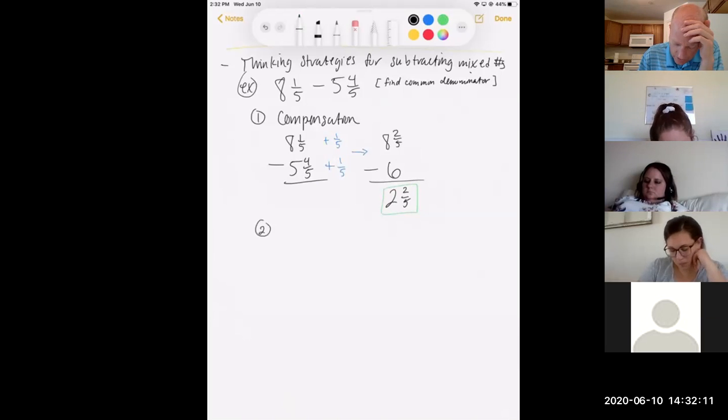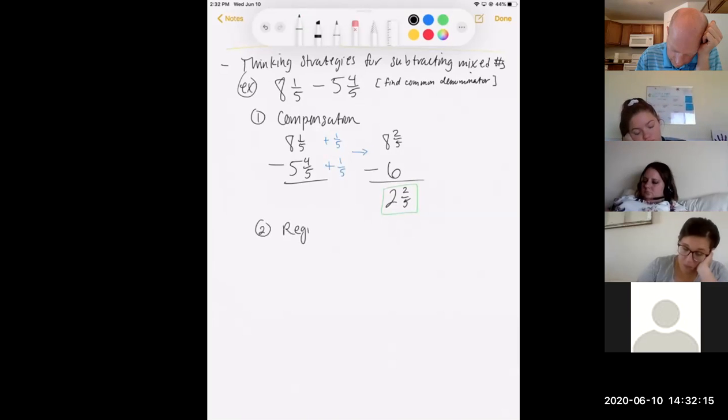The second way to subtract this is with regrouping. So we have 8 1/5, subtract 5 4/5.